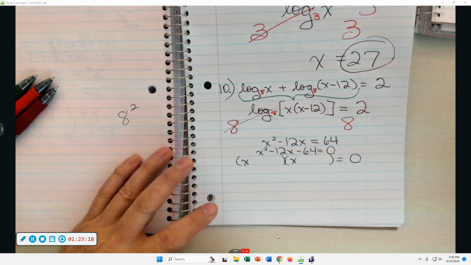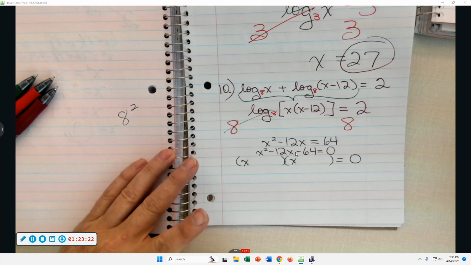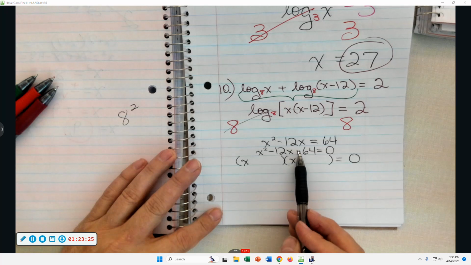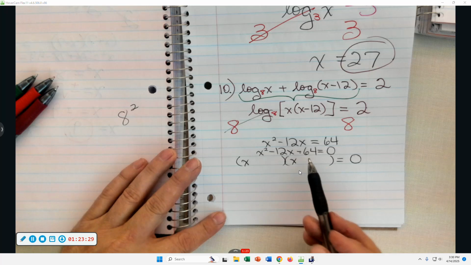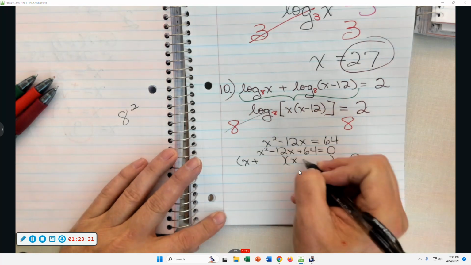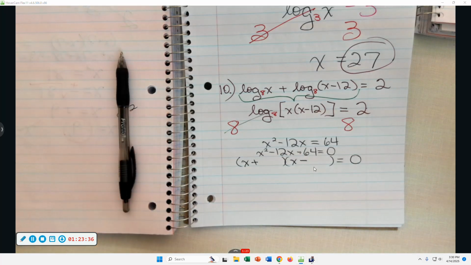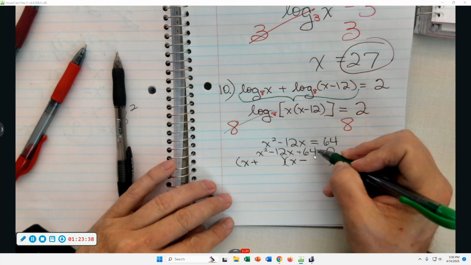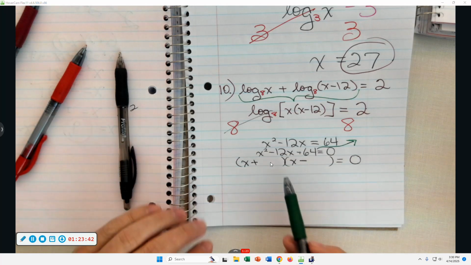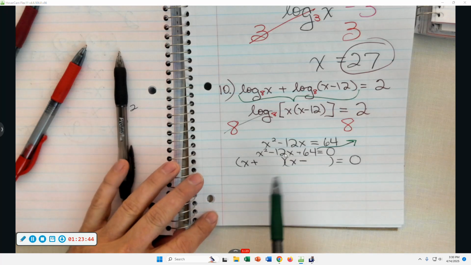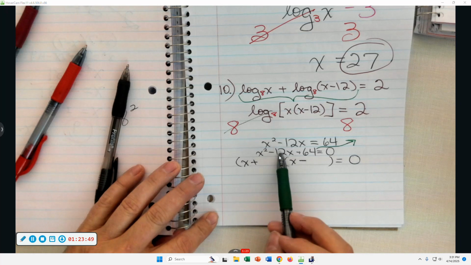What do we know about the signs? Okay, so that last sign's a minus, so you have one of each. One positive and one negative. Now 64, don't use 8 times 8, because remember, the pair you use has to subtract to give you what number? 12, that middle one.